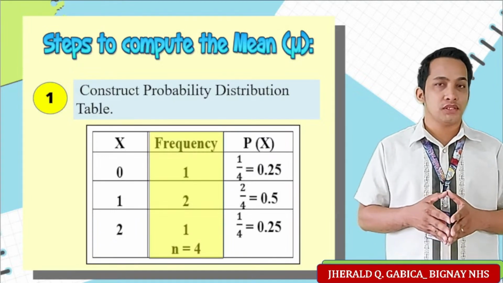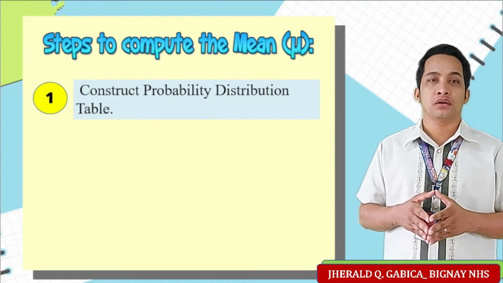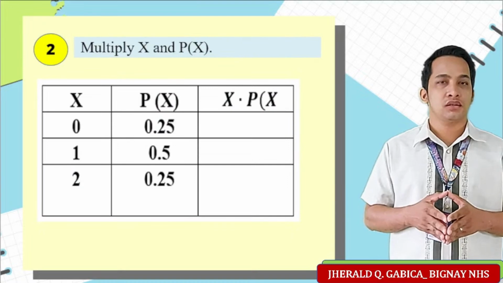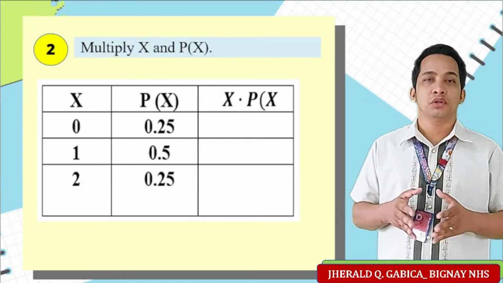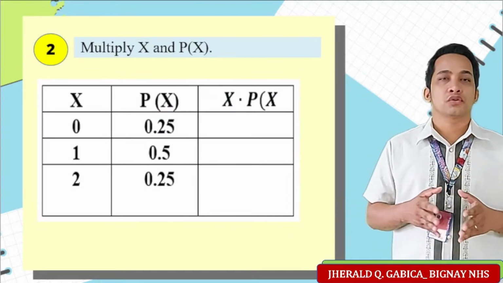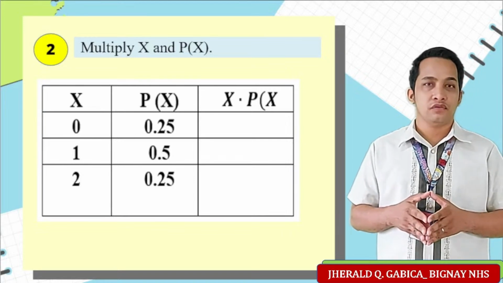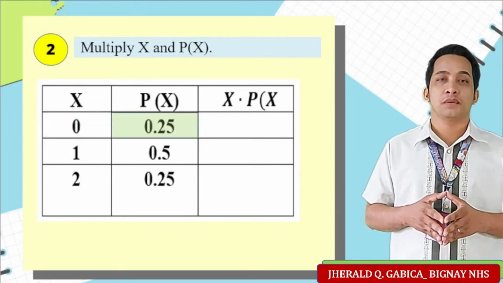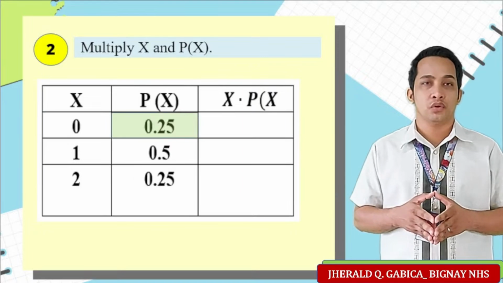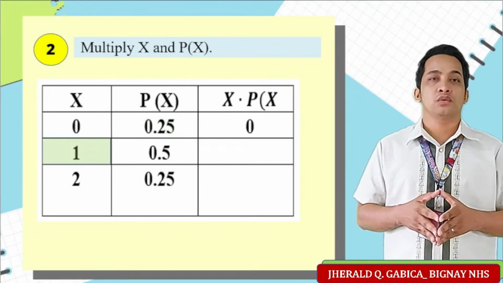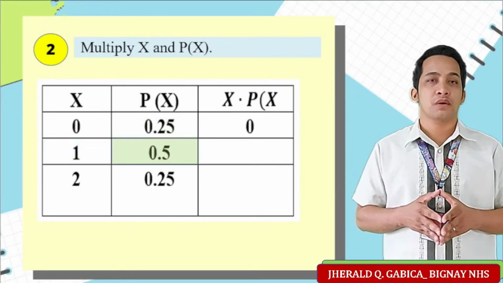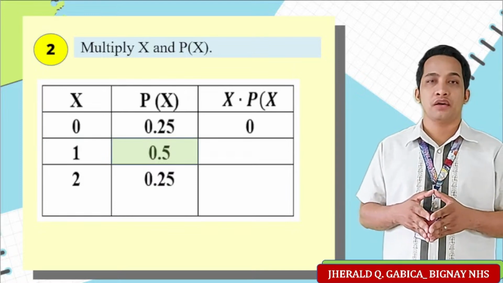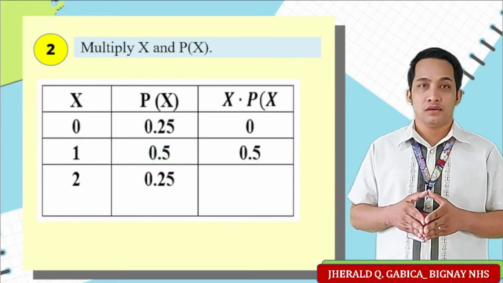For step 2, we simply add another column for the product of x and p of x. So our table looks like this. 0 times 0.25, the probability of x, gives a product of 0. For x equal to 1, times the probability 0.5, that is equal to 0.5.